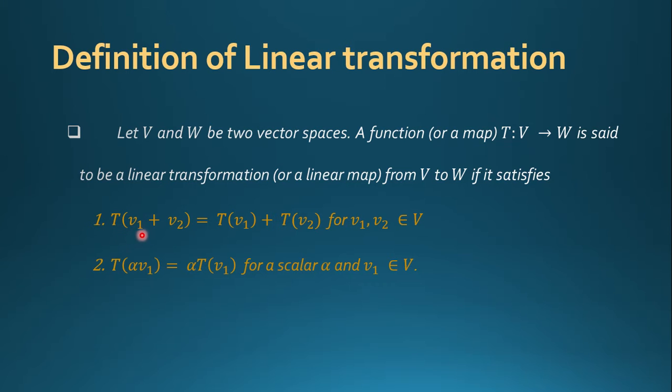Transformation of V1 plus V2 is equal to transformation of V1 plus transformation of V2, for V1, V2 belongs to V, and the transformation of alpha V1 is equal to alpha transformation of V1 for a scalar alpha, and V1 belongs to V. This is addition and this is scalar multiplication.